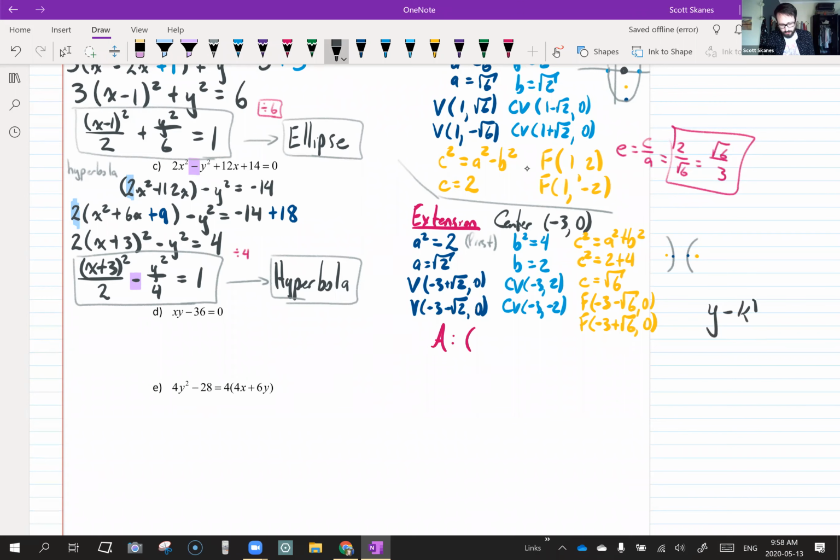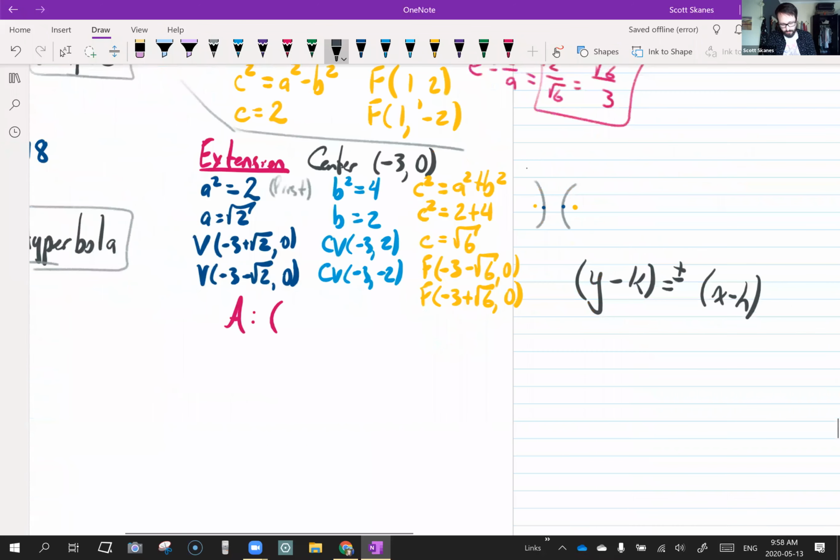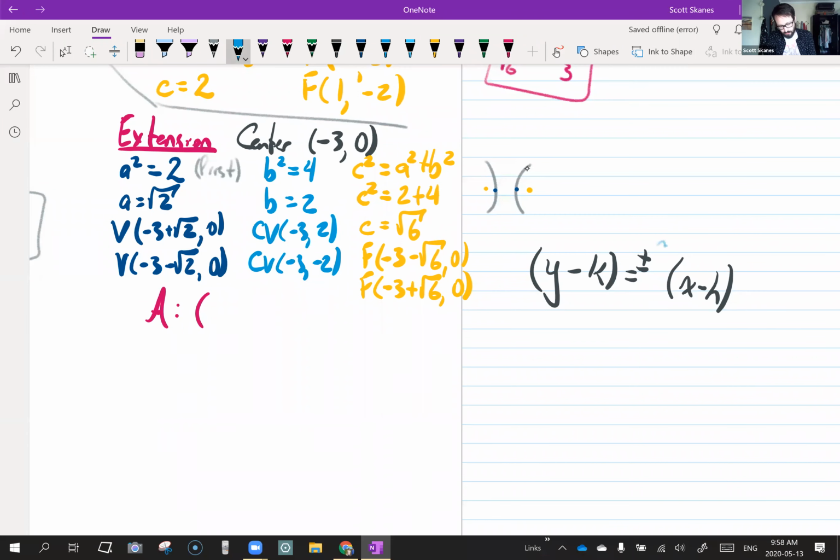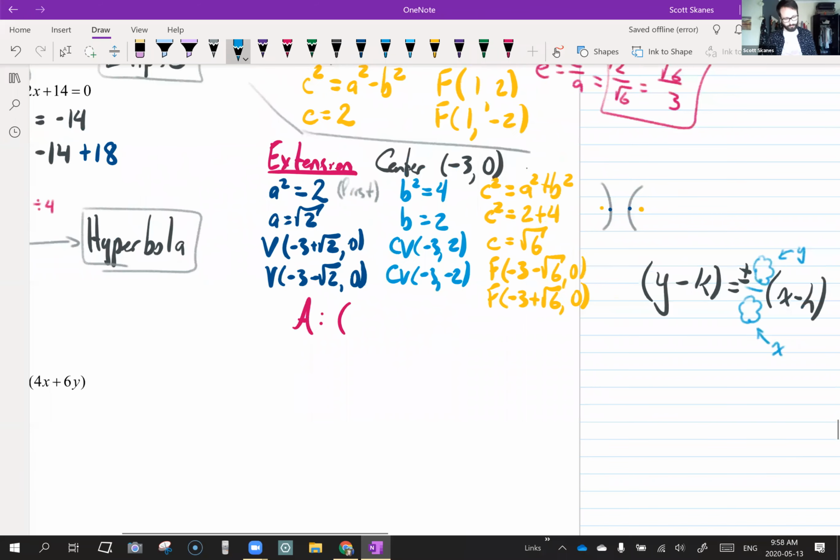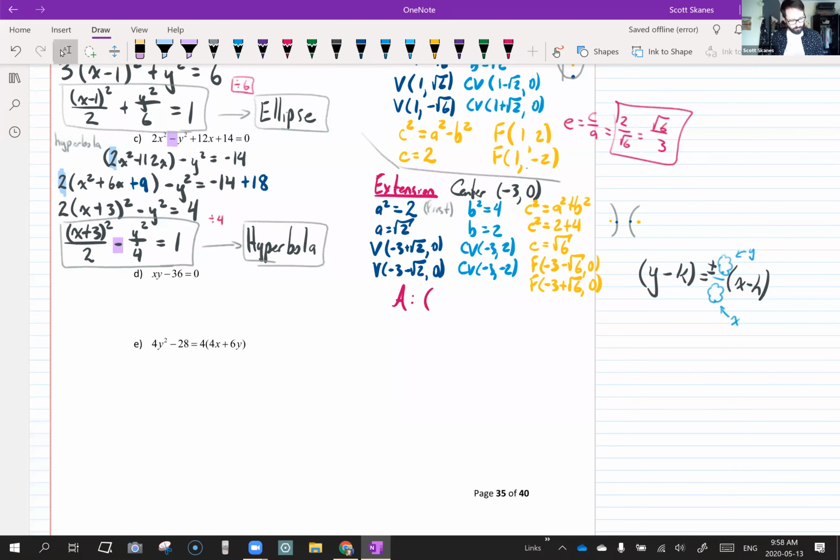The asymptote should look like this: plus or minus the one that's related to y, something to do with the y over something to do with the x. Well, the y term is this one, the x is this. Or in other words, it will be b over a.